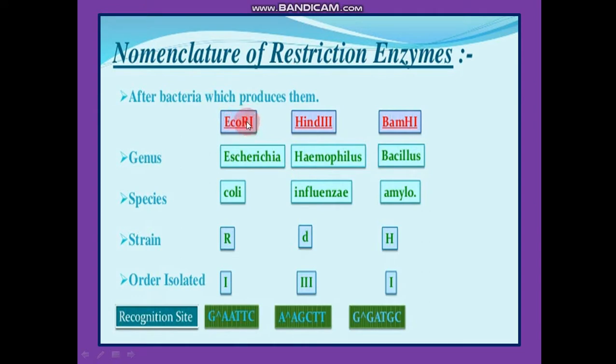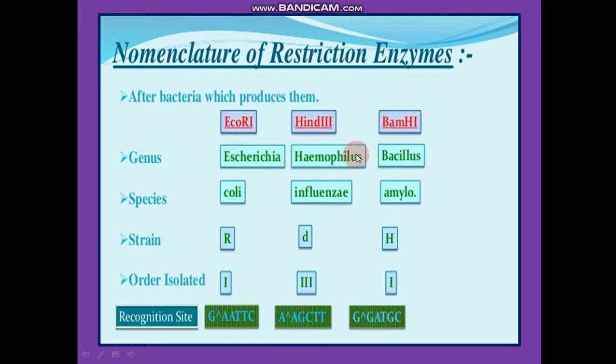Now the capital R will be the strain. There are many strains of the bacteria, so they name all these strains alphabetically. So the strain was R. And every strain of bacteria can produce many enzymes. So what was the order of isolation of the enzyme? It is given a Roman numeral here, like I. So this I means order of isolation. See another example and it will be more clear.